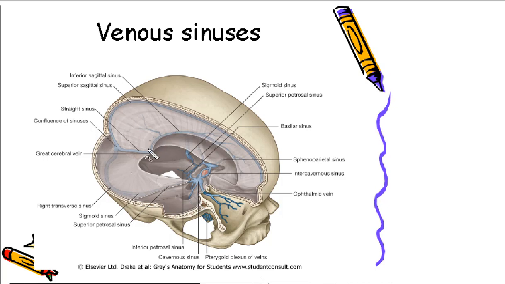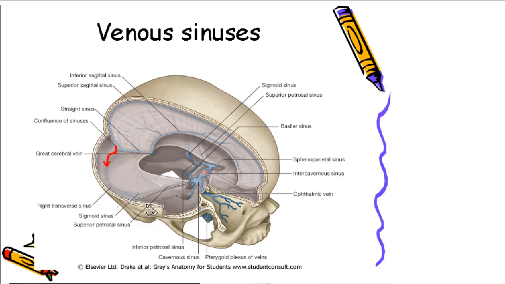Now this superior sagittal sinus passes along this upper border, turns, and at the internal occipital protuberance this continues as the right transverse sinus. So this superior sagittal sinus turns around and continues as the right transverse sinus, and we'll follow that in a little while.